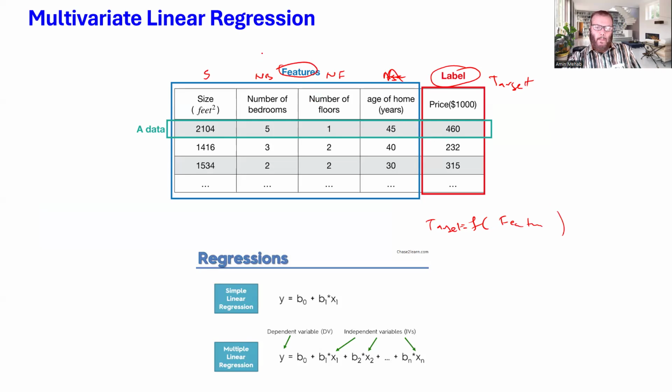For a simple linear regression, we have only one feature and one target. But in our case, we have multiple linear regression. We have y, the label, as a function of size, number of bedrooms, number of floors, and age of the house. And all this affects the price of the house.